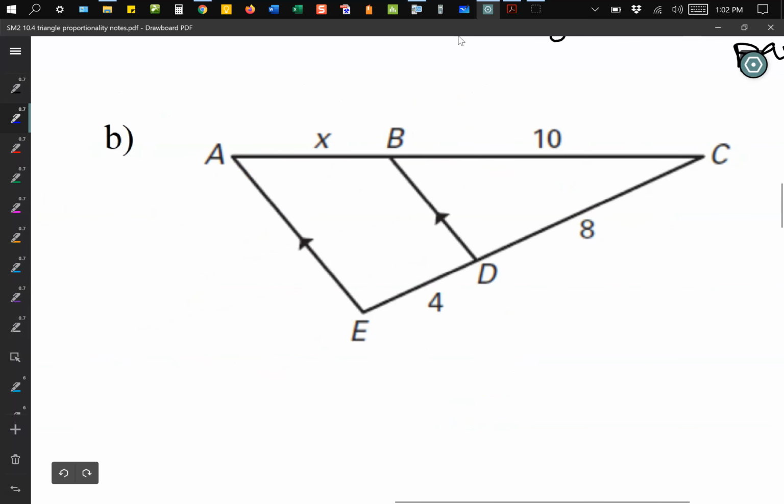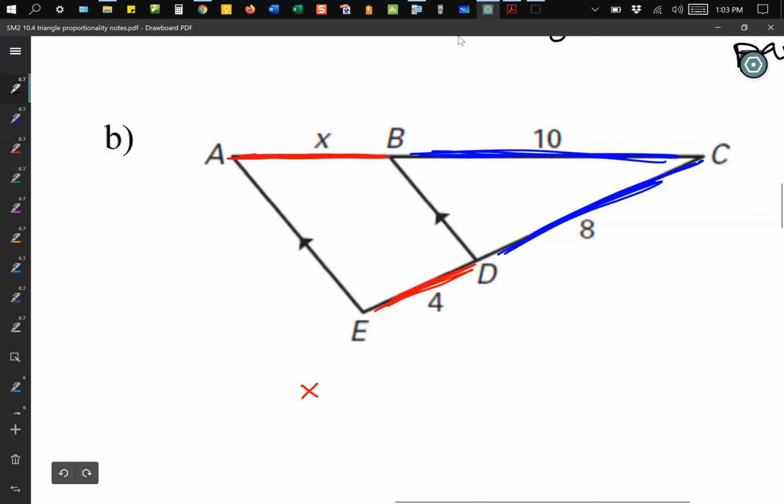Next example. Doesn't matter which one goes on top. Here, if I do little piece over big piece, then little piece over big piece. Just be consistent.